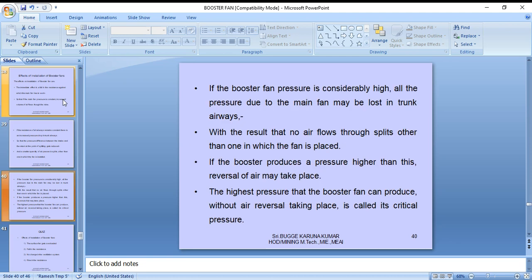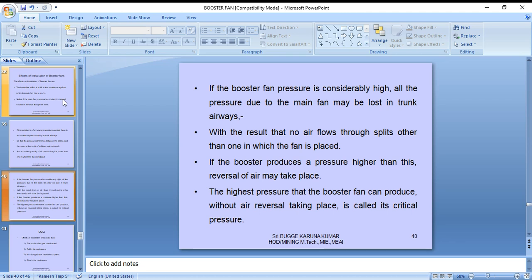That is also been observed. If the booster fan pressure is considerably high, all the pressure to the main fan may be lost in the trunk airway, with the result that no air flows through splits other than the one in which the fan is placed.